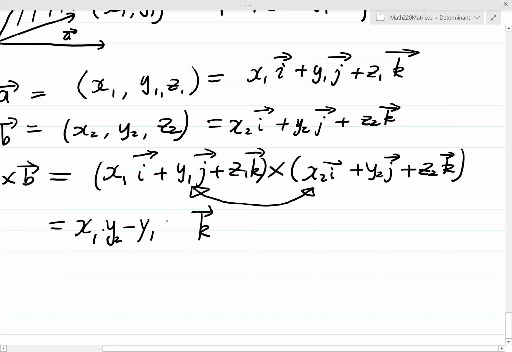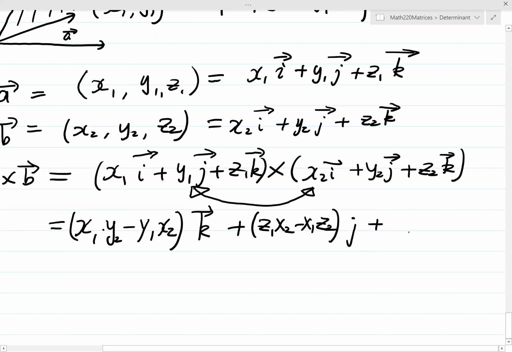Similarly, you work out the term for j. You can just work out similarly: z1 x2 minus x1 z2, plus the term with i.